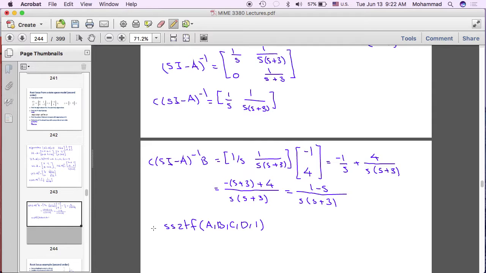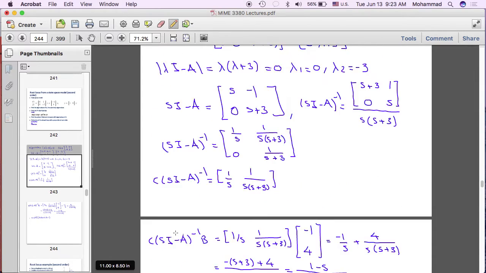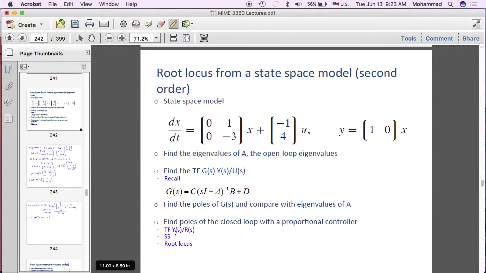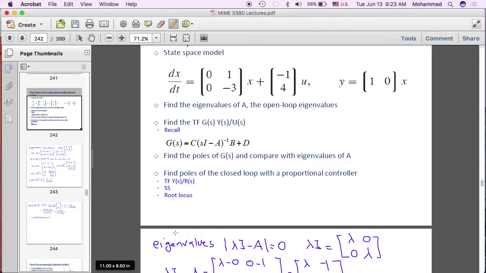And this is going to be equal to numerator, comma, denominator. Num, comma, den equals this. So by that, you can get the polynomial for the numerator and the polynomial for the denominator, which we did for this example using MATLAB. Okay, so that was the second part.